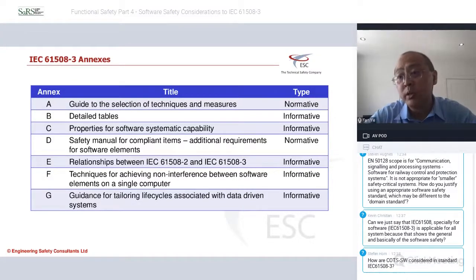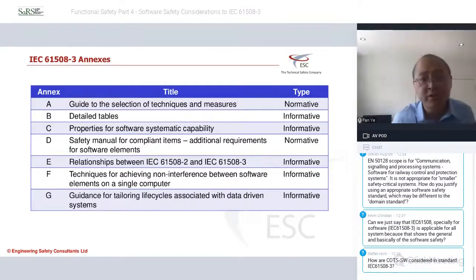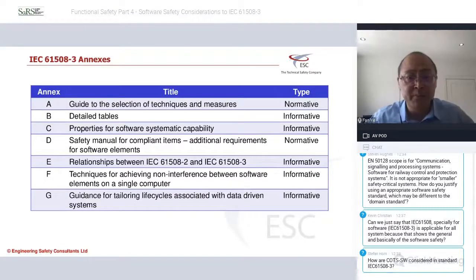For example, when we talk about a static analysis technique, static analysis is a group of techniques, so you would have detailed tables in Annex B. Annex D is that you have to produce a software manual for compliant items. Basically, if you're selling the product in the functional safety domain, you need to have a proper manual to tell the end user how to use it safely.